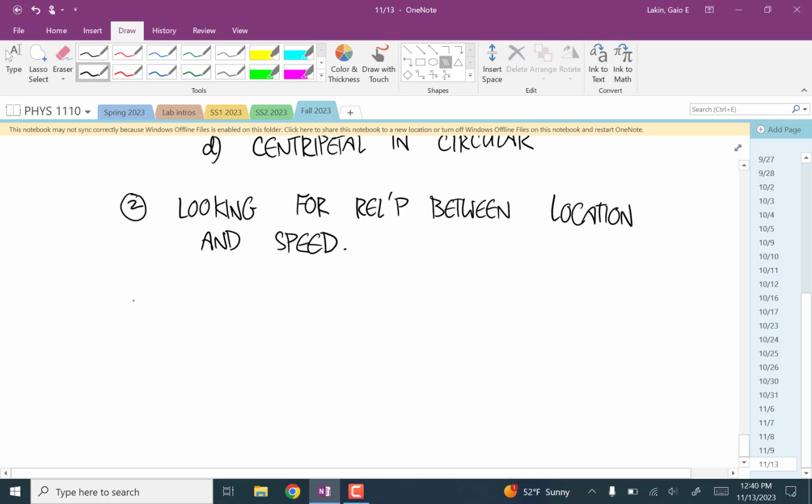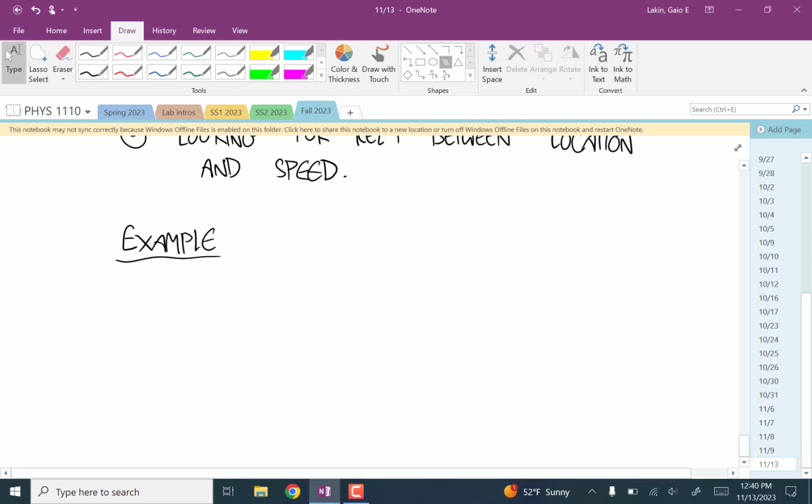Okay, let's do another example. This is a continuation of one I did a while ago when we were talking about circular motion. So let's say that we have this thing again.